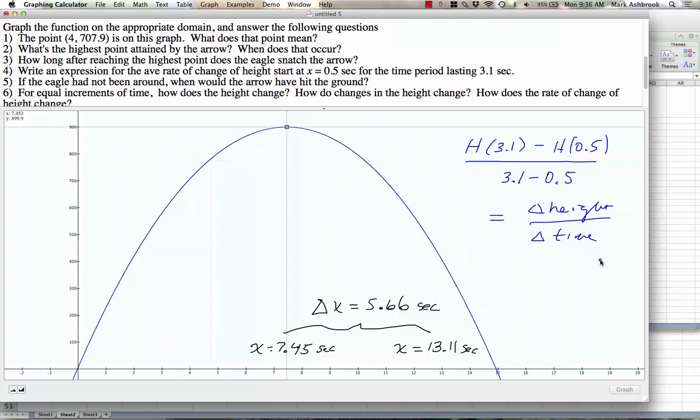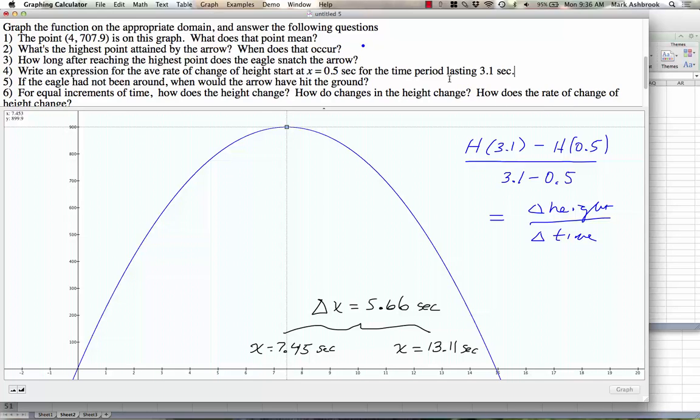It says, for the time starting at 0.5 seconds, for the time period lasting 3.1 seconds. There's nothing ambiguous about that. For the time period lasting 3.1 seconds, starting at 0.5 seconds. What is the change in time? For a time period lasting 3.1 seconds, that's the change in time, 3.1 seconds.